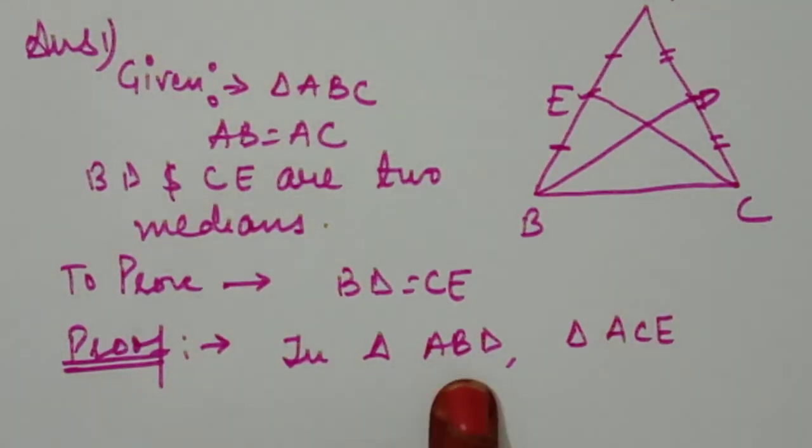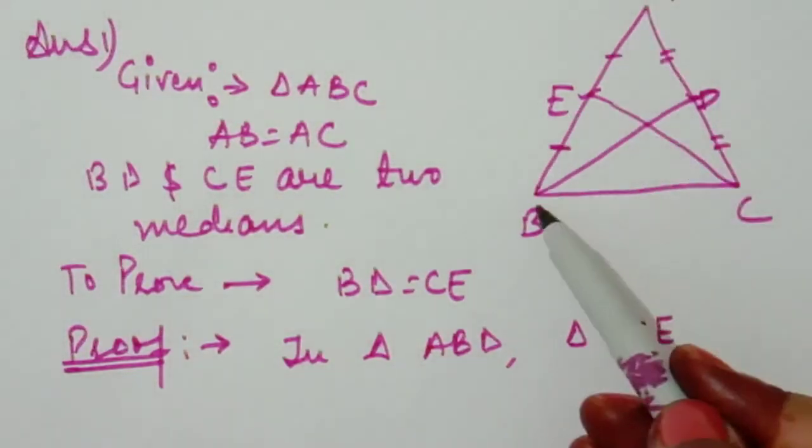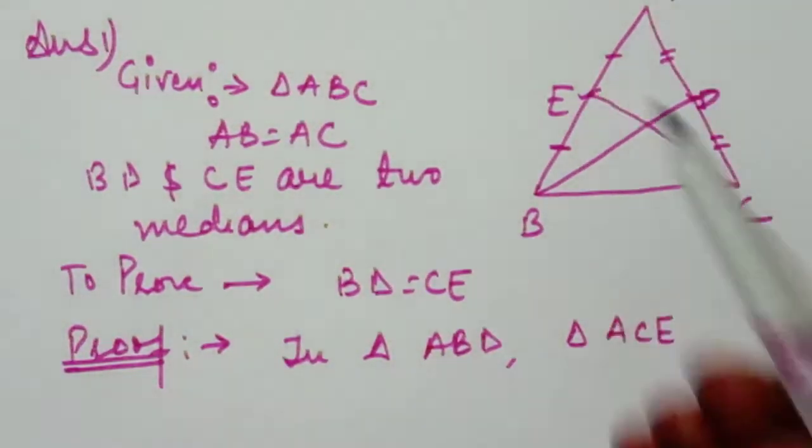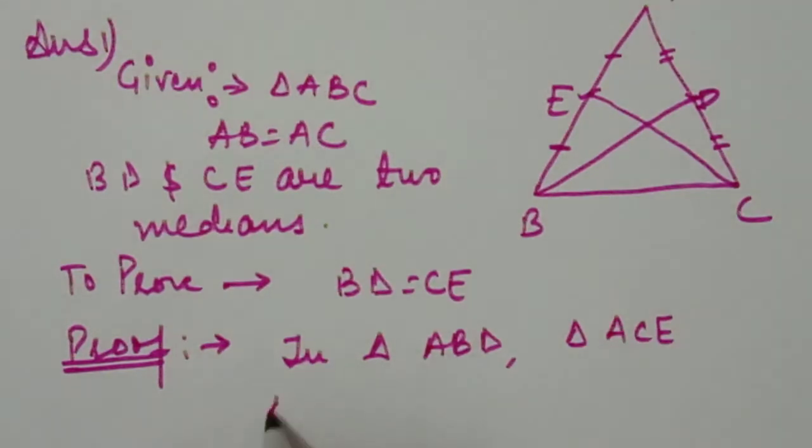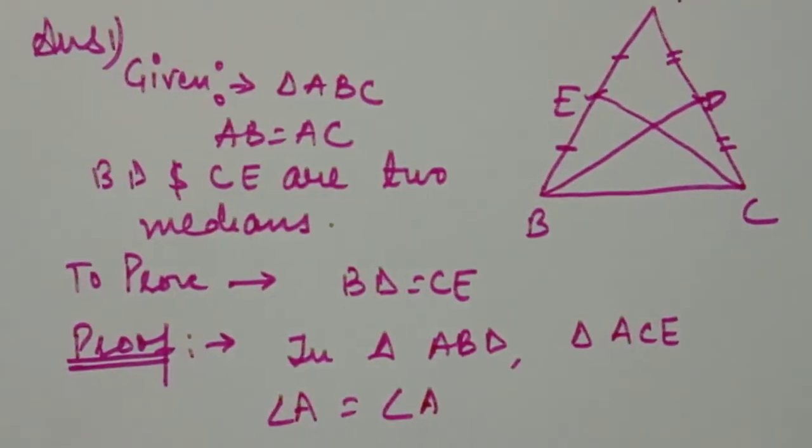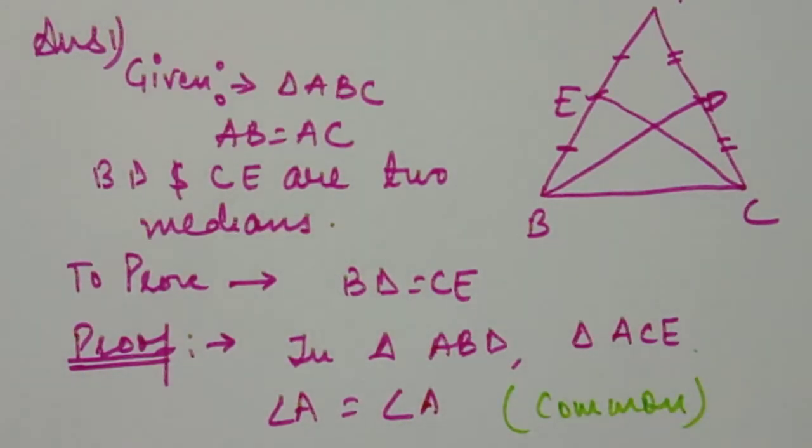First thing which I have, angle A is equal to angle A. Why? You have to give the reason also, because angle A is common in both the triangles.